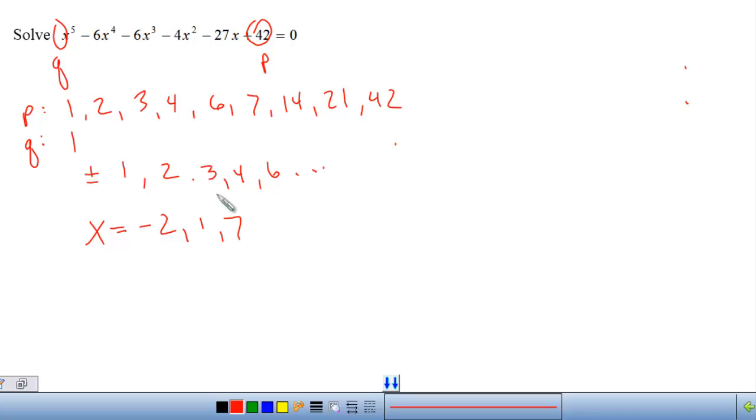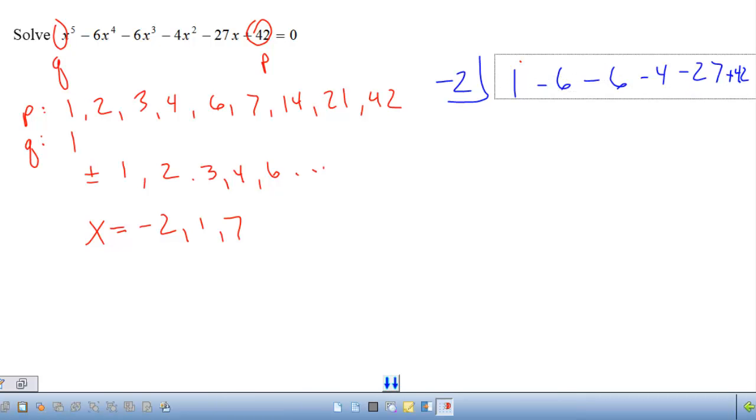So now if we want to find all of the factors for this, we're going to use synthetic division again. I'm going to put the first one up here, negative 2. And then I'm going to write down all the coefficients: 1, negative 6, negative 6, negative 4, negative 27, and 42.